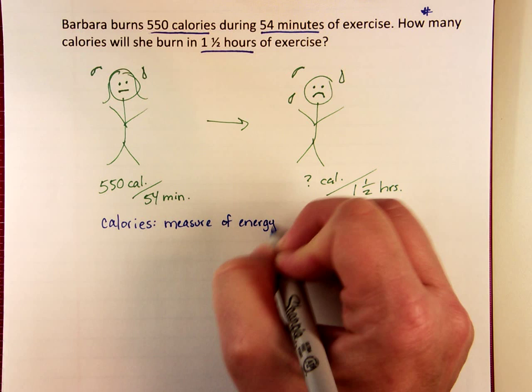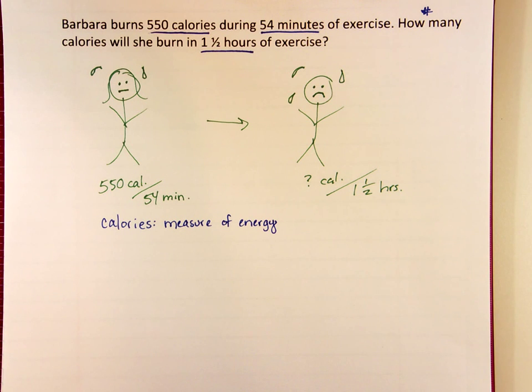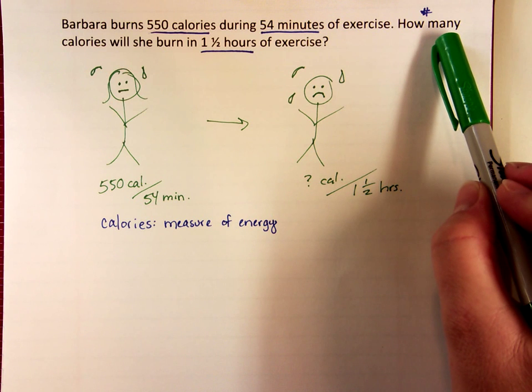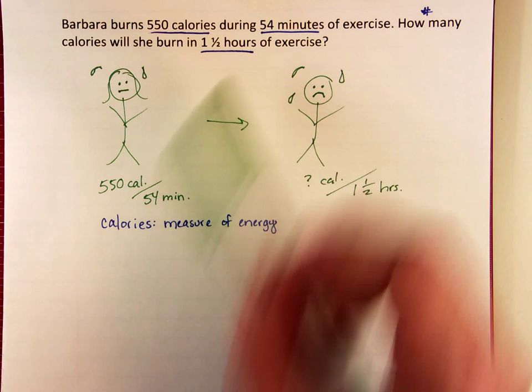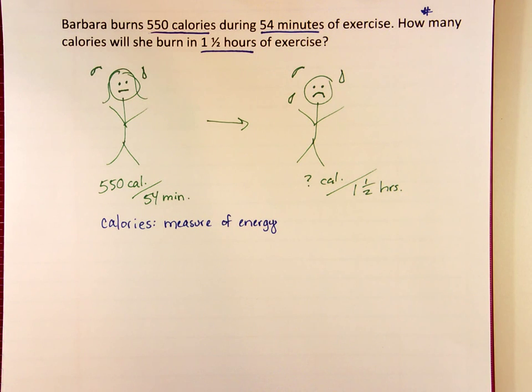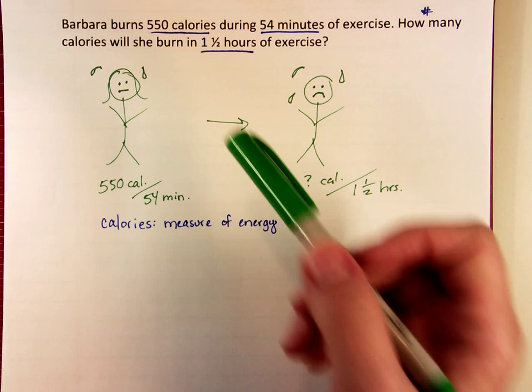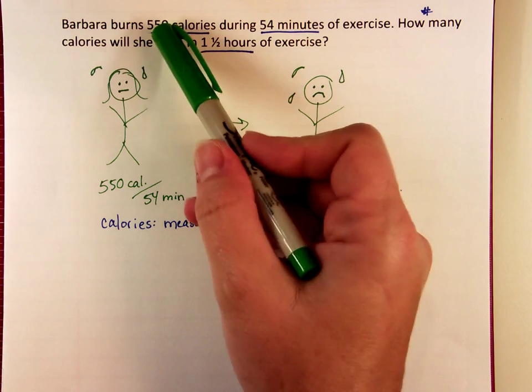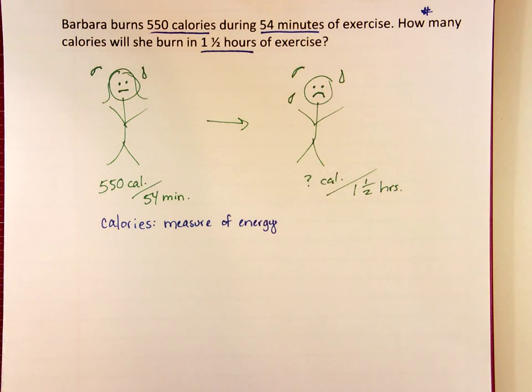And the question is asking us to find how many calories she'll burn during a certain amount of exercise in 1.5 hours. And determine required, extra, or missing information. Okay, we have 1, 2, 3 numbers. So we have 3 of the 4 pieces of the proportion, so I think we're good to go.